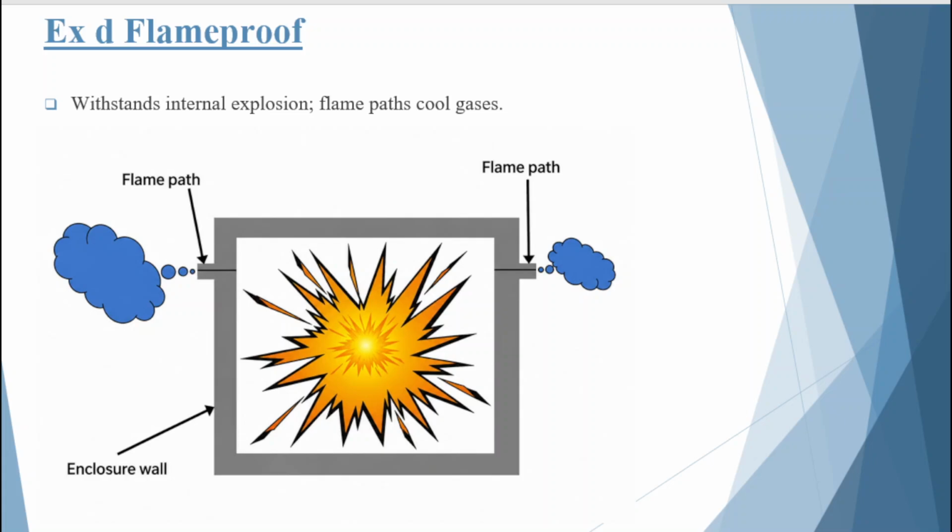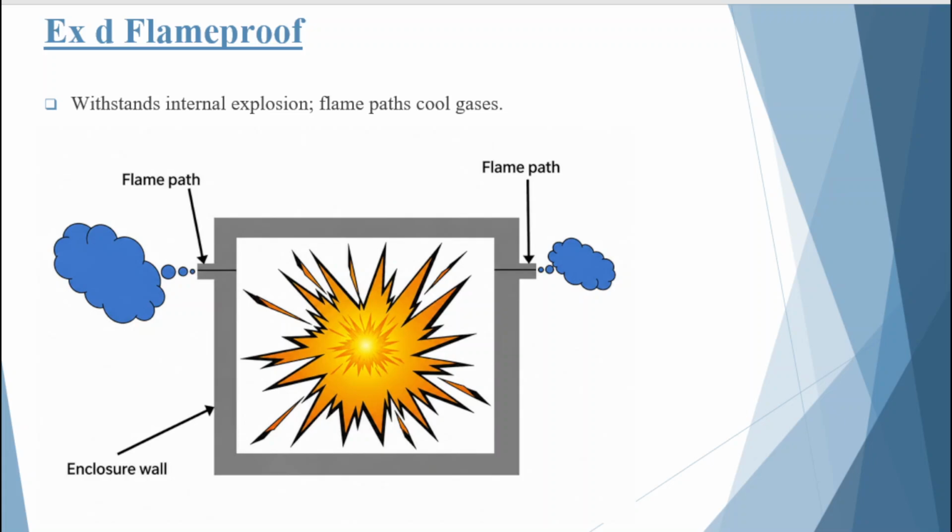Let's look at the illustration on the screen. Inside the enclosure, you can see an explosion taking place. The pressure and temperature inside the enclosure increase rapidly. In a normal enclosure, this explosion could force hot gases and flames directly into the surrounding atmosphere, causing a much larger explosion.